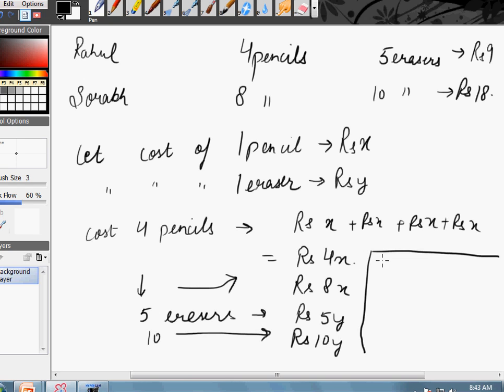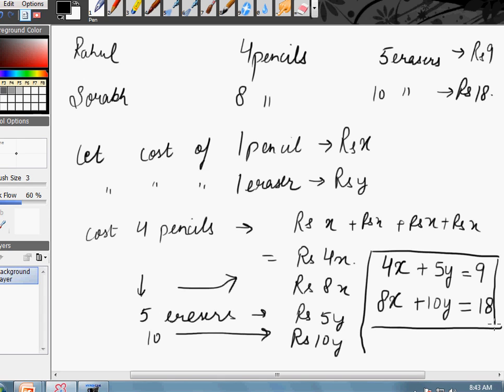Thus, Rahul spent rupees 9 on 4 pencils and 5 erasers, leading to a total amount of rupees 9, whereas Saurabh did 8 pencils and 10 erasers for rupees 18.